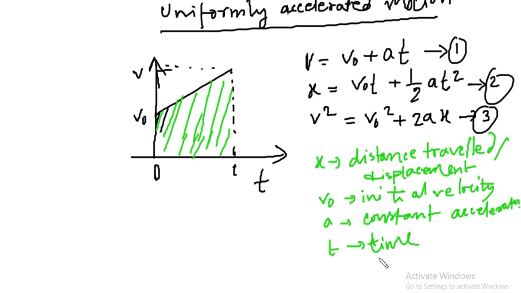So to find total area under this curve is to find the distance traveled, isn't it?